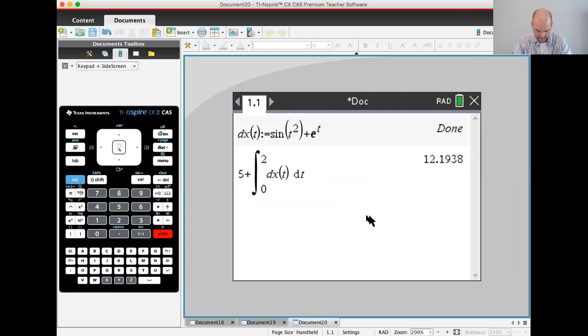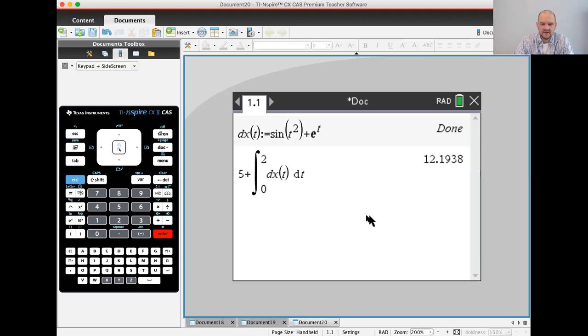We get 12.194, so I'm going to write that down. And then my ordered pair I'm also going to write. So at t equals 2, 12.194 comma 1/3. This is not super unusual, to have multiple representations of the function and the derivative and all kinds of stuff, because you need to be able to work back and forth fluidly between them.